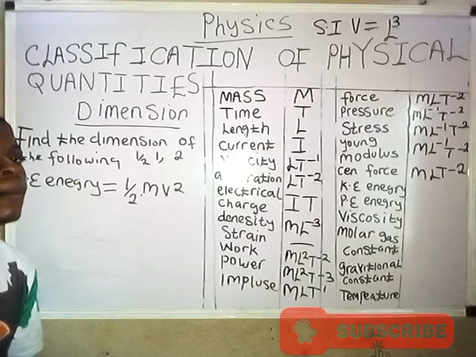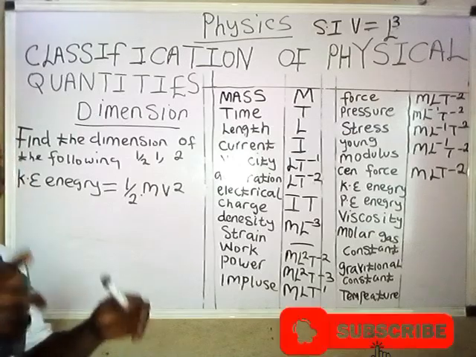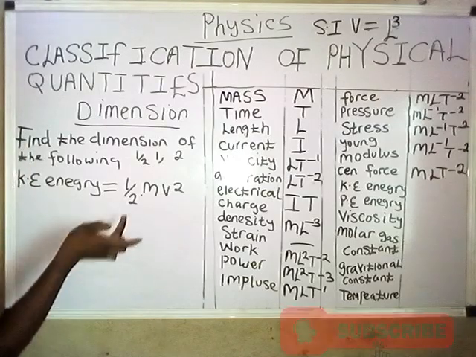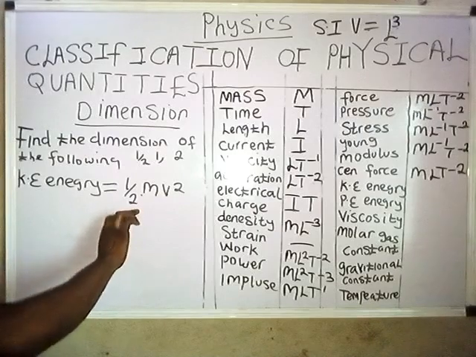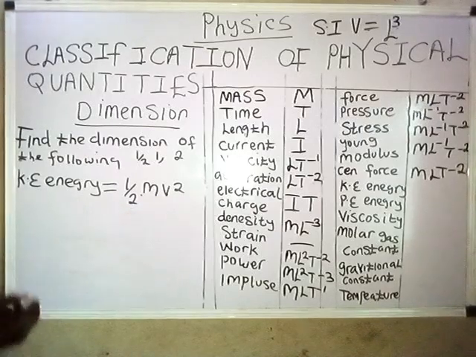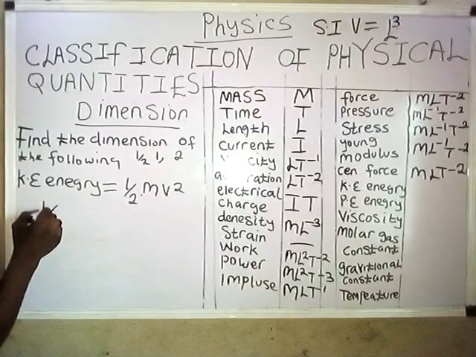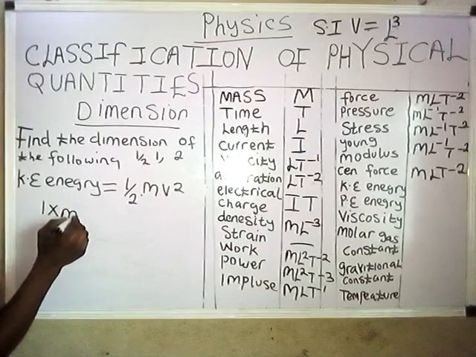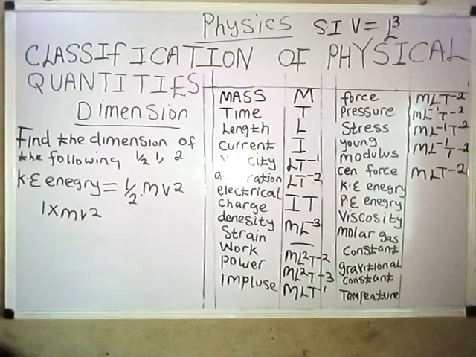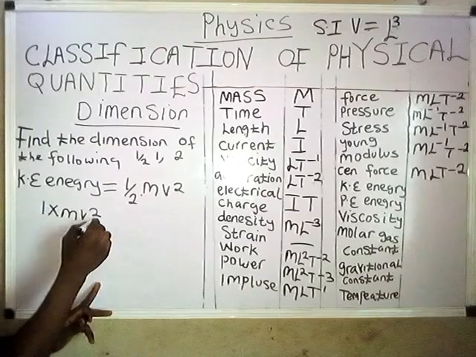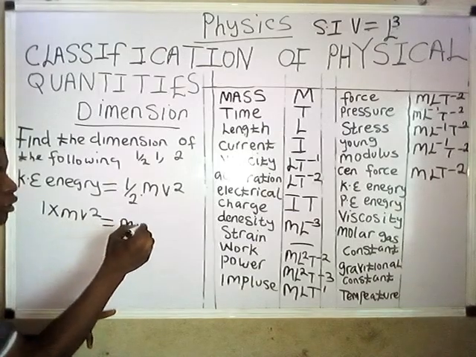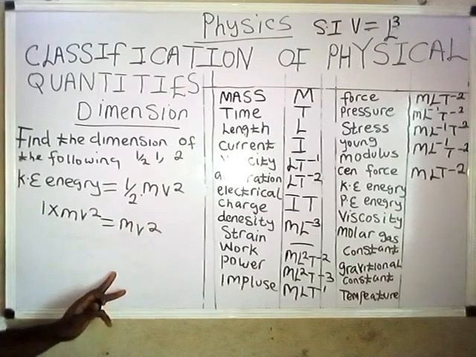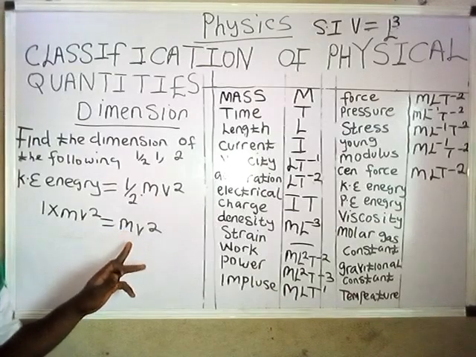So we can say that this half is equal to 1. So 1 times the formula, which is mv square. We still get back mv square. This is mass, this is velocity.